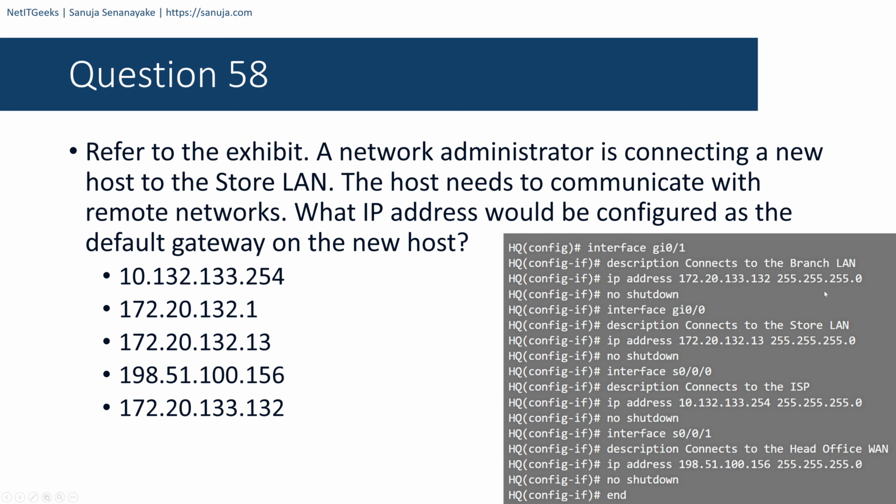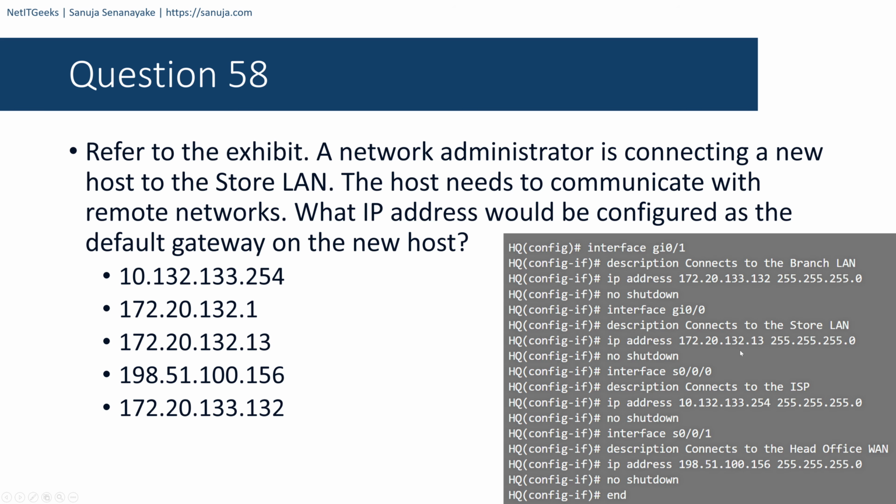In this situation, I'm looking at the screenshot. There's no Packet Tracer file, no way to verify anything other than looking at the description. The store LAN is this one, because this is the branch LAN, the store LAN. The store LAN is on interface Gi0/0, and the IP address of the store LAN interface is 172.20.132.13 with a subnet mask of 255.255.255.0.